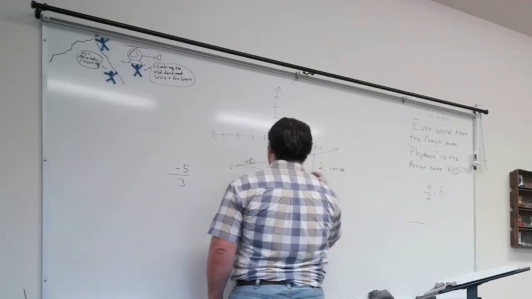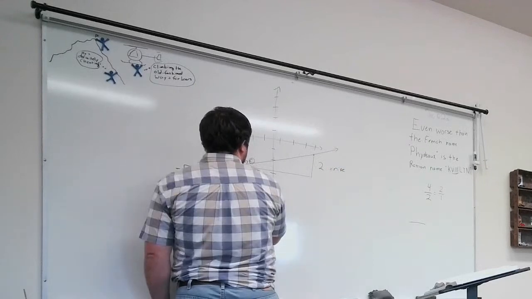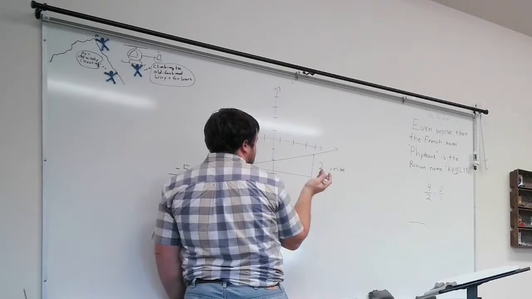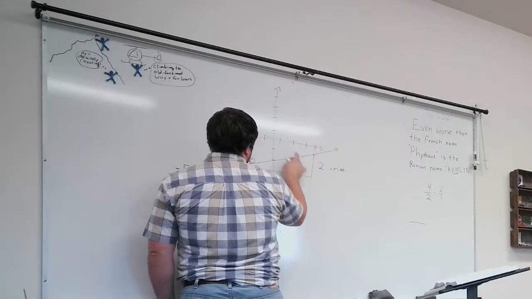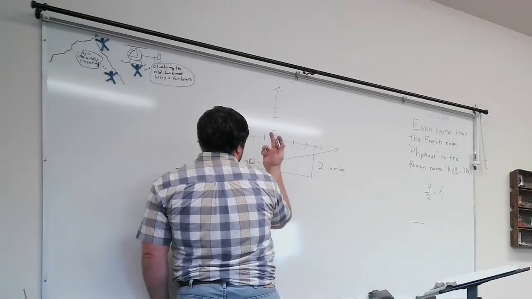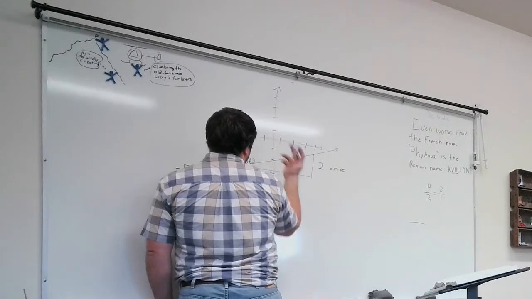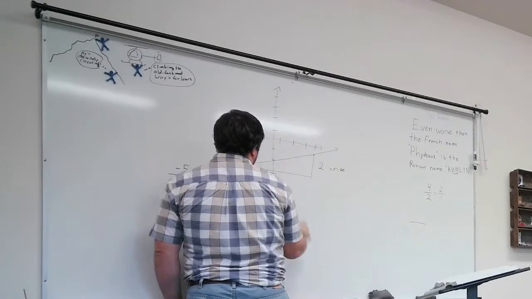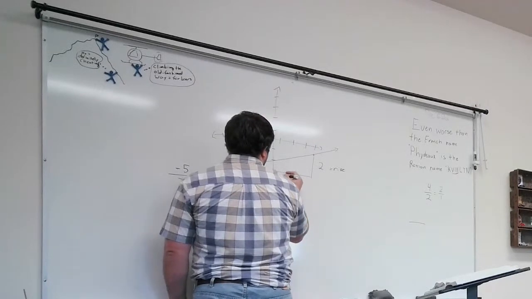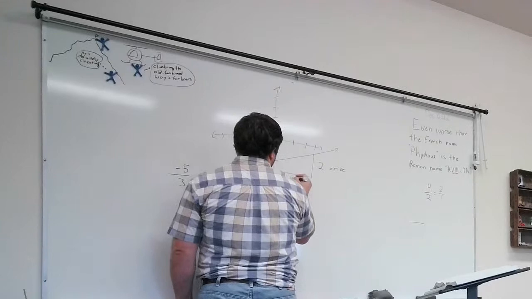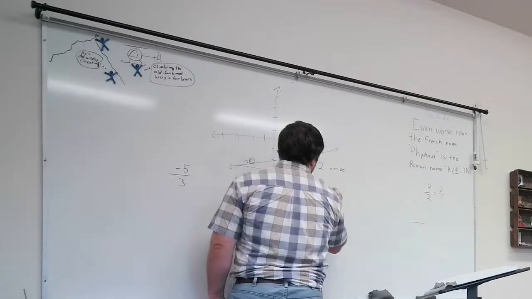And our run, one way you can do this is you can do subtraction, right? 4 minus negative 3. Find the difference. Right, and our run is 7. So rise over run is going to be 2 over 7.